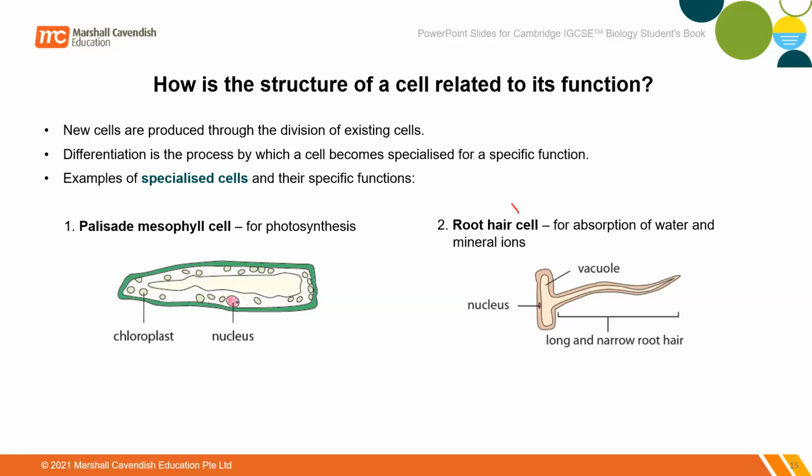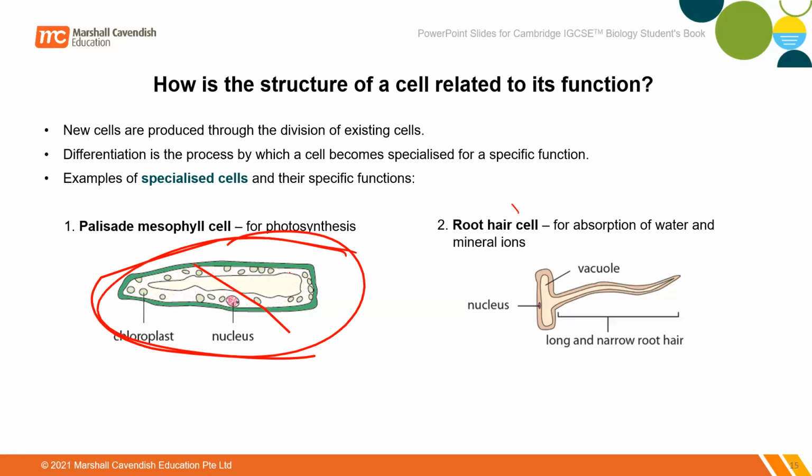The palisade mesophyll cell is a cell found in the leaf, or the layers of leaves, for the photosynthesis process. So it is elongated with a lot of chloroplasts. Look, a lot of chloroplasts, with chlorophyll in all of the chloroplasts for the photosynthesis process.